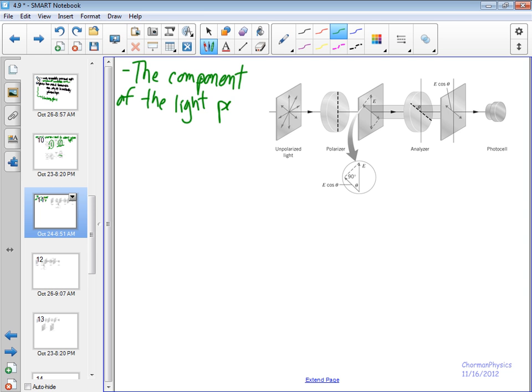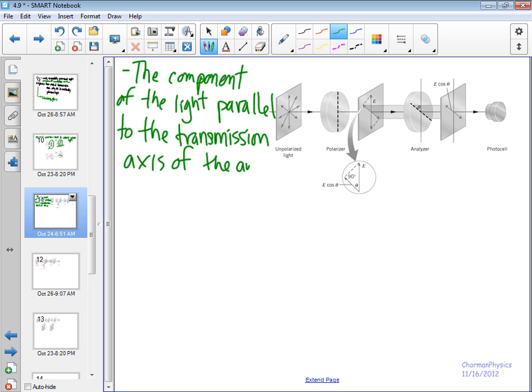The component of the light parallel to the transmission axis of the analyzer is allowed to pass through.